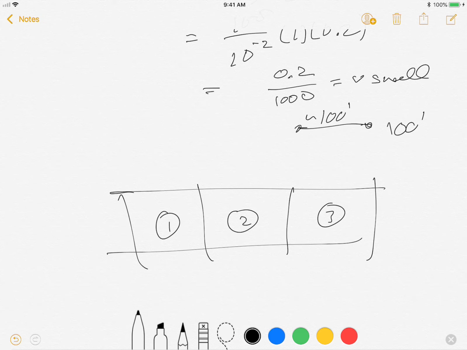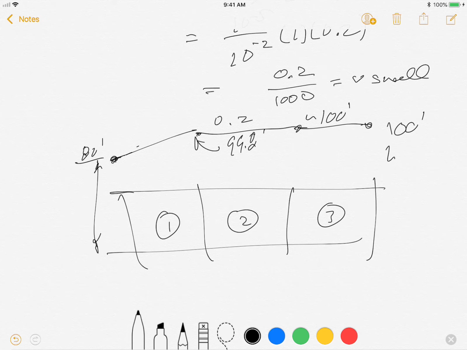Then going from 2 over here, we've got a drop of about 0.2, so we are looking at about 99.8 feet right here, and then we'll drop the remainder over here, and this will take us over to 80 feet. So we took our H over here, and we subtracted about 0, and then we subtracted 0.2, and then we subtracted the remainder, which in this case will be 19.8 feet.